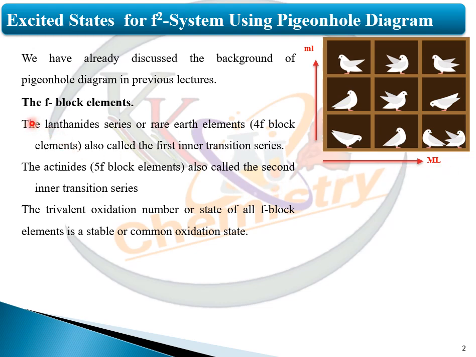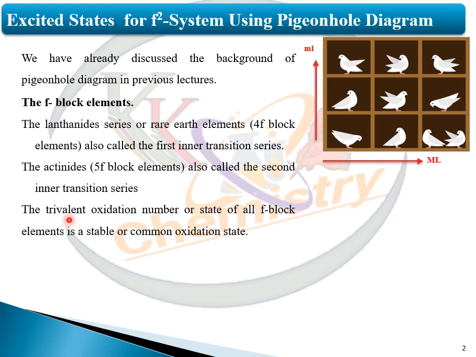So here we will discuss the f2 system, and you know that the f2 system is mainly either 4f or 5f block elements of the lanthanide series or actinide series.